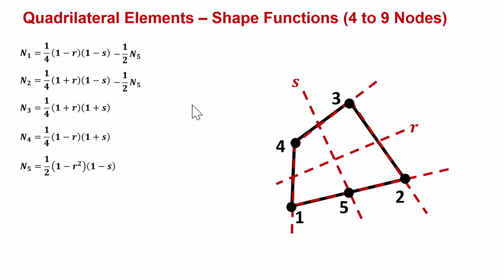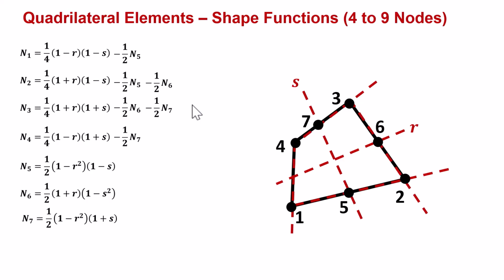When we add node 5, located between nodes 1 and 2, half of N5 is subtracted from both N1 and N2. When node 6 is added, half of N6 is subtracted from N2 and N3. With node 7, half of N7 is subtracted from N3 and N4. And with node 8, half of N8 is subtracted from N1 and N4.